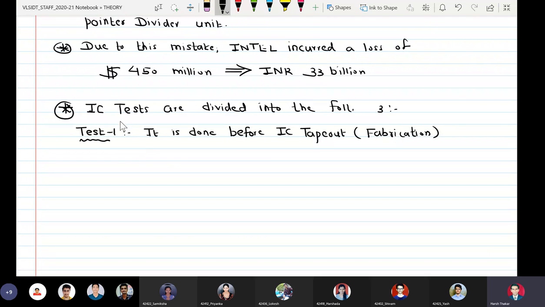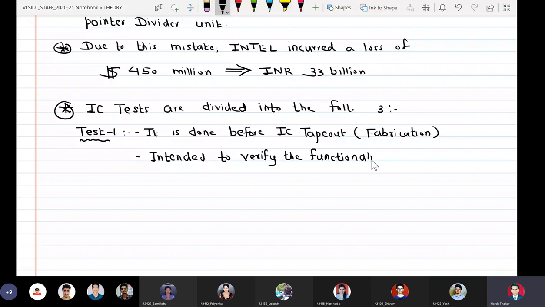It is intended to verify the functionality of the circuit, nothing more. Hence, it is also known as functionality test or logic verification.